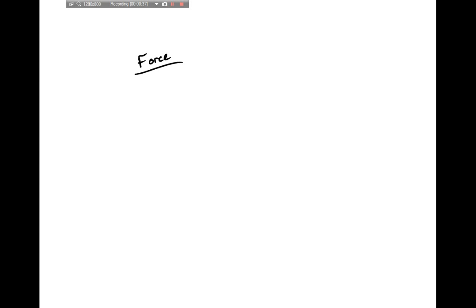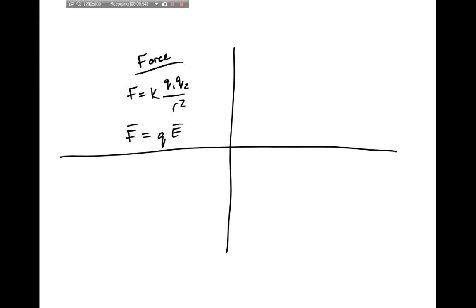So for example, we have Coulomb's law, which says the force between 2 charged particles is given by K Q1 Q2 divided by the distance between the particles squared. We can also write the force in terms of the electric field using this formula. And so this quantity describes the forces that are actually exerted on a particle.